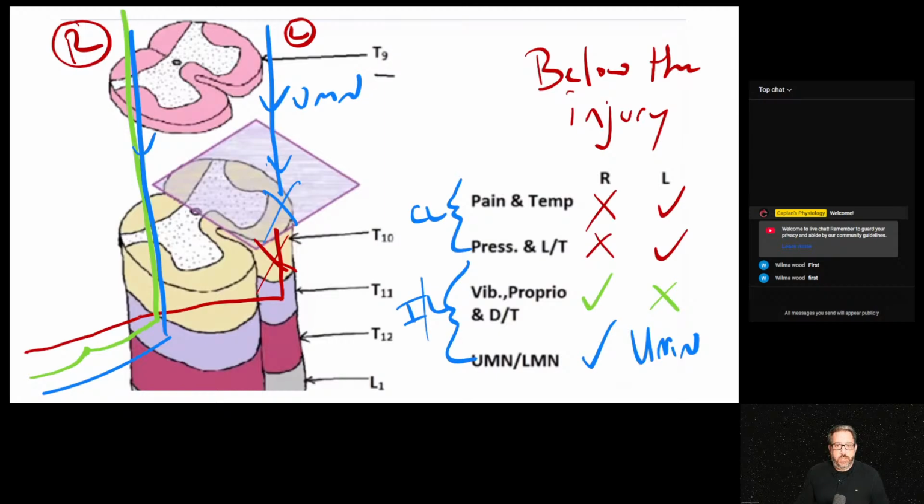Trying to see if the chat works on screen. There we go. Okay. Sounds okay?